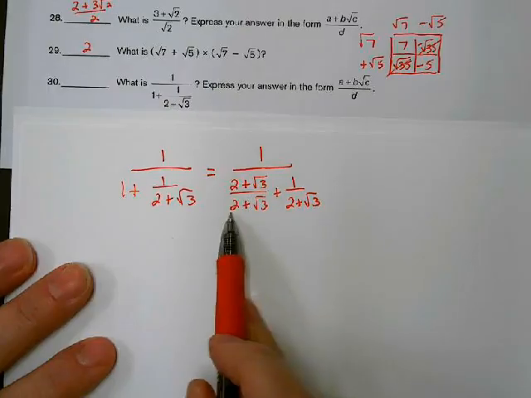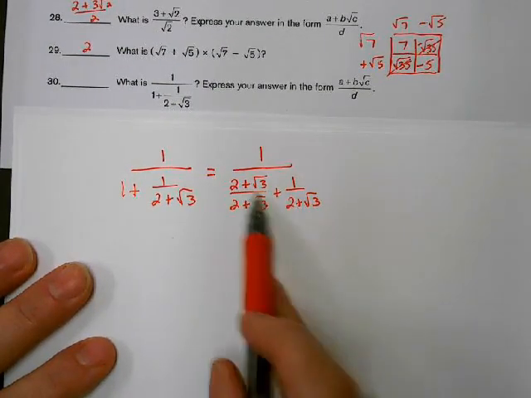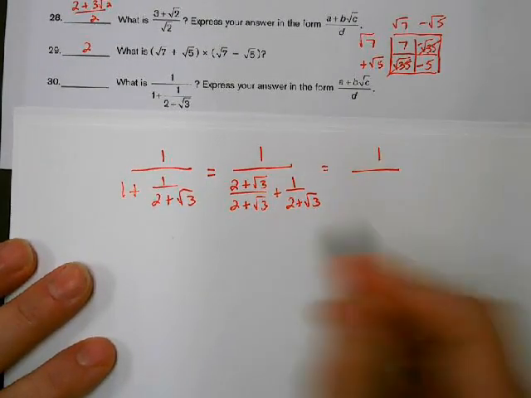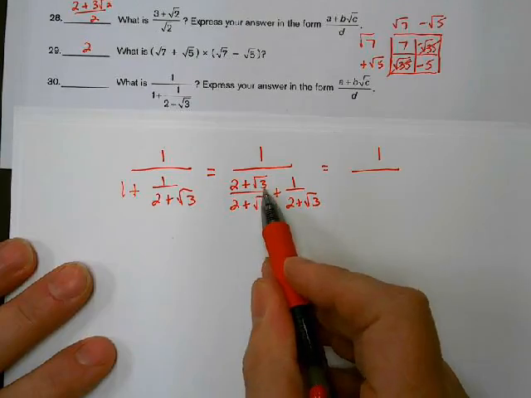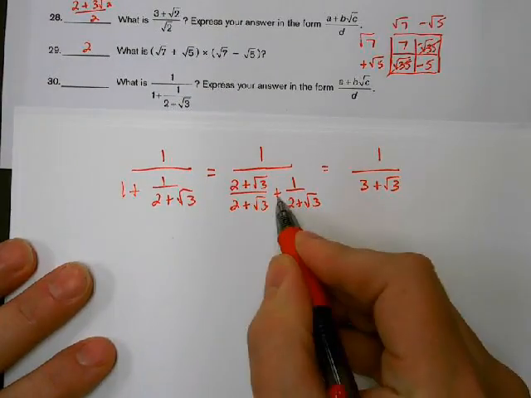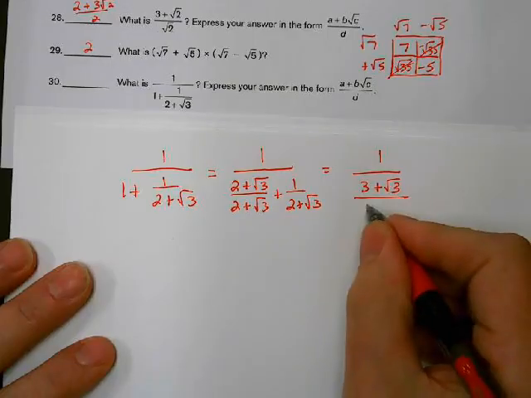Now we have a common denominator, so we can combine our numerators. So we end up with 2 plus root 3 plus 1, which would be 3 plus root 3. Because we're adding, we get a common denominator, and the common denominator is 2 plus root 3.